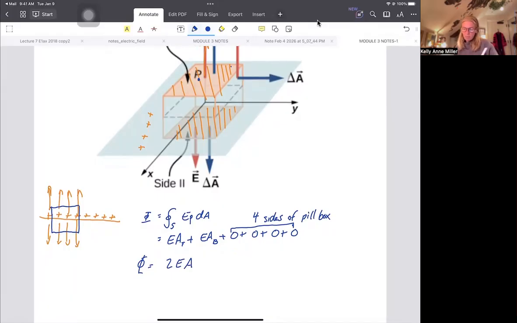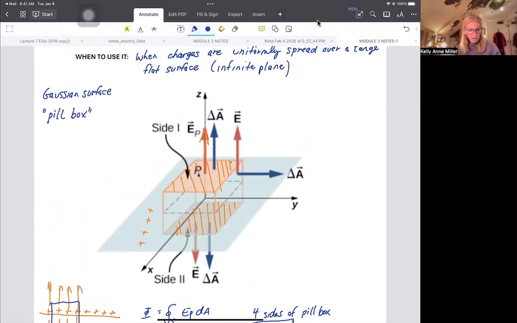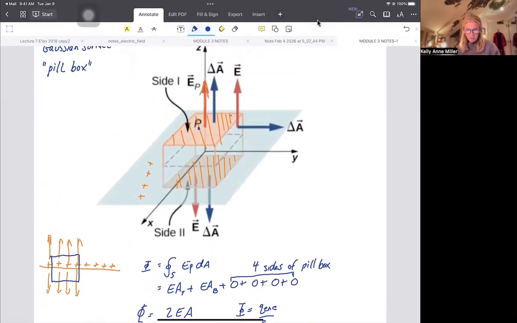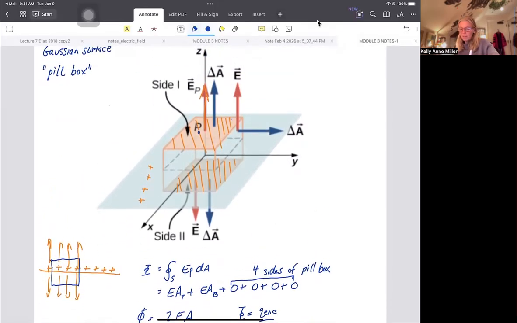That's one way of expressing flux, and the other way is to say that it's Q enclosed divided by epsilon naught. It's the same deal. The way these problems are expressed, the charge is given as sigma, which is charge per area. They would say there's some sigma on this infinitely large plate, which represents a charge per unit area.